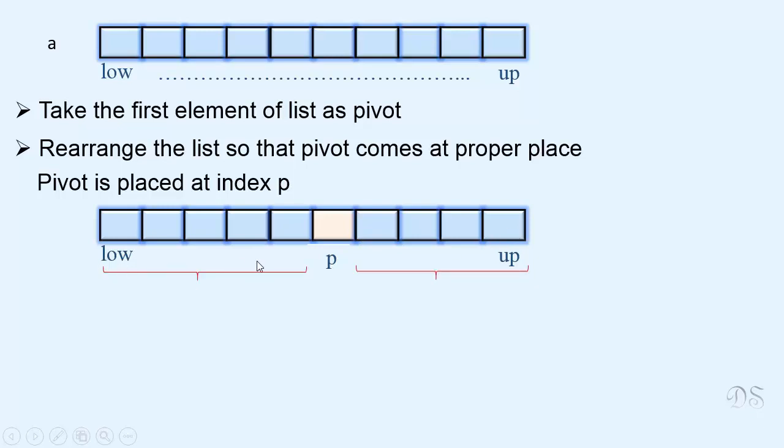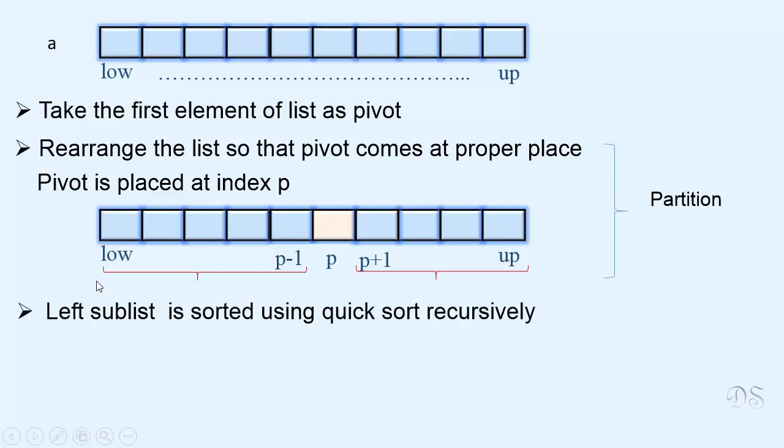And now this is divided into two sublists. For this left sublist, the lower bound is low and upper bound will be P minus 1. And for this right sublist, lower bound will be P plus 1 and upper bound is up only. This process of placing the pivot at proper position is called as partitioning process and we'll discuss it afterwards. Now these two sublists are sorted recursively.